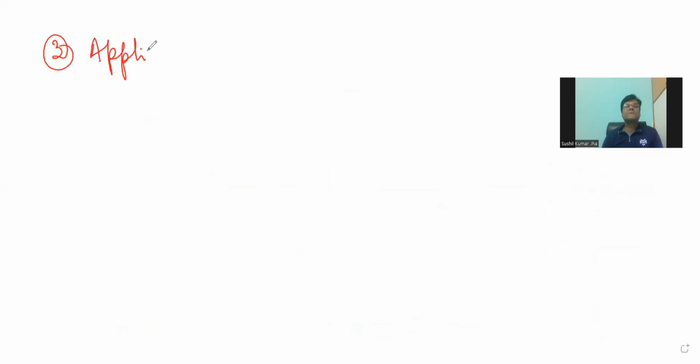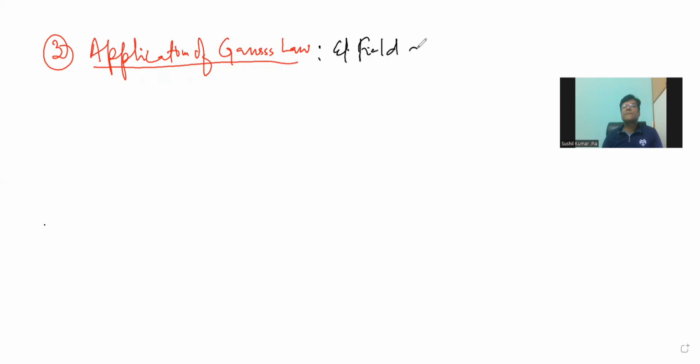Third application of Gauss law, which is what? Electric field due to a sphere.